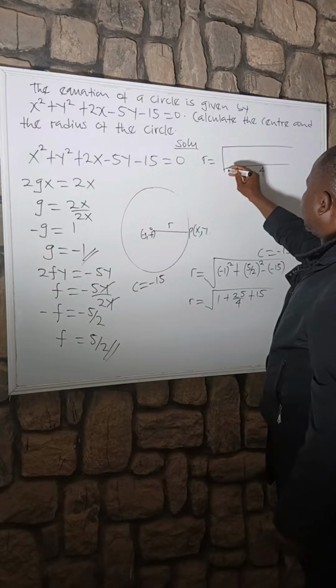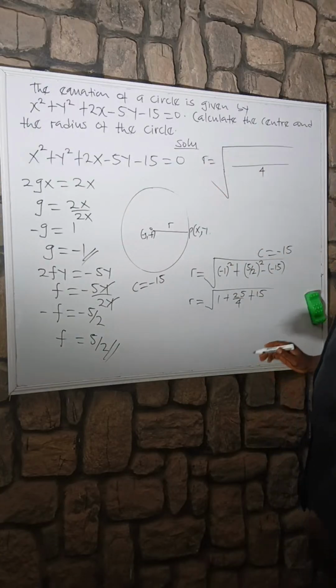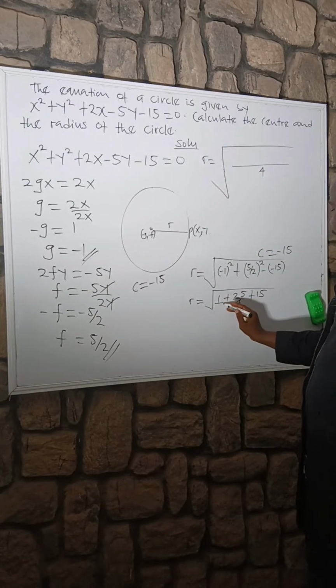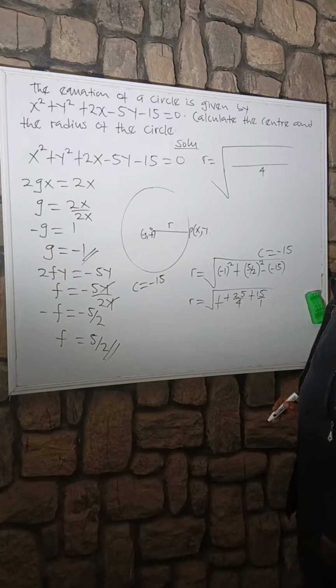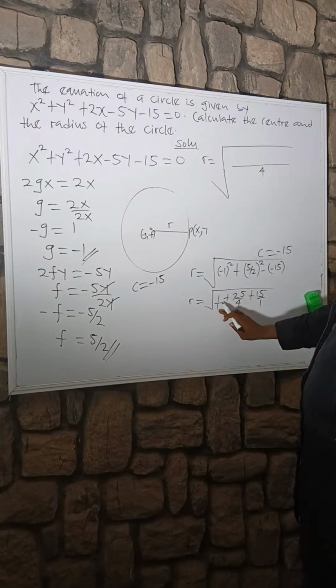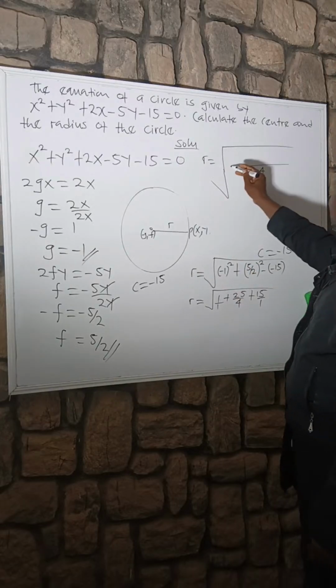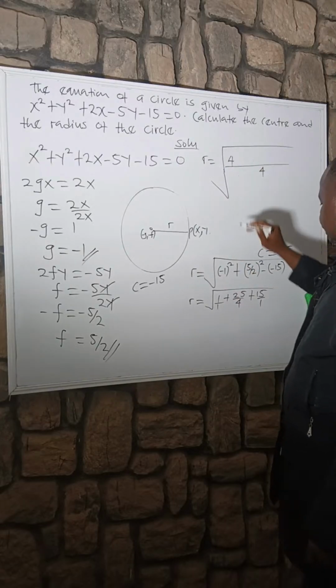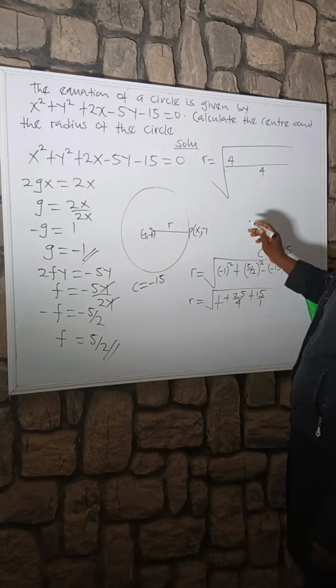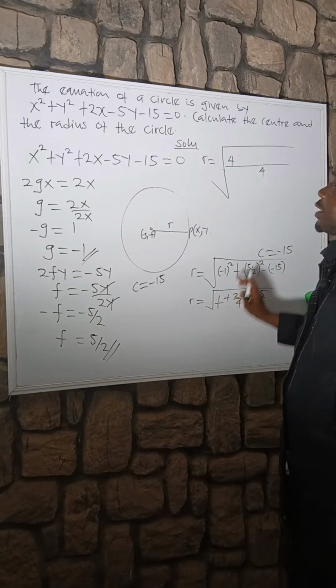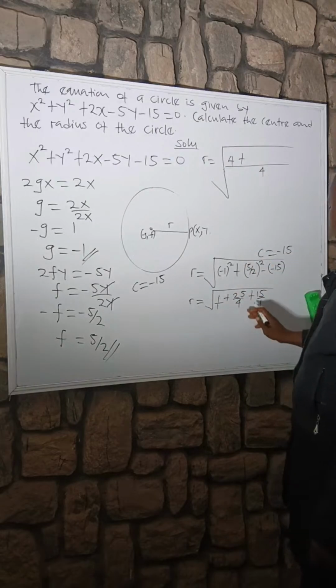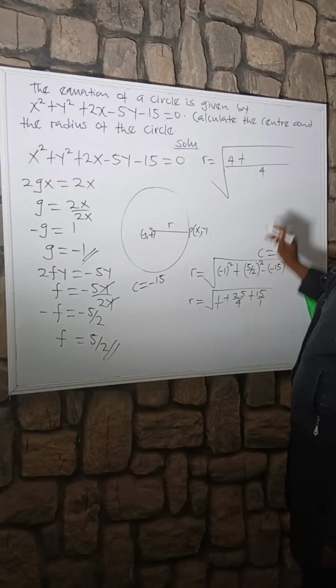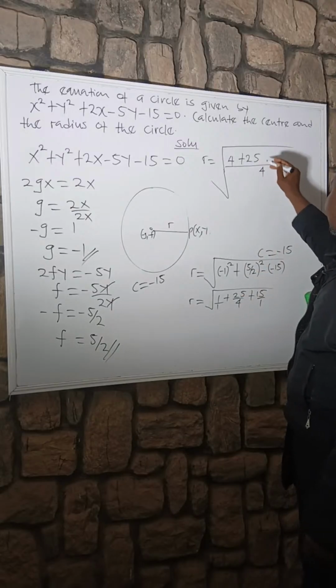So here will come down. So 4, we have an invisible 1 here. So 4 to 1, 4 times 1 is 4. And what we have here? We have plus, right? So plus 4 to 4, 1 times 25, 25.